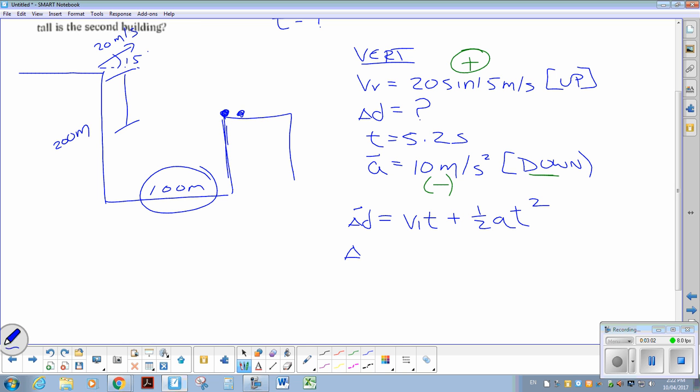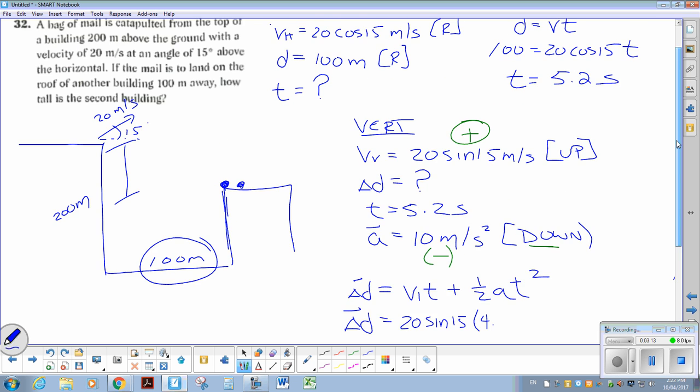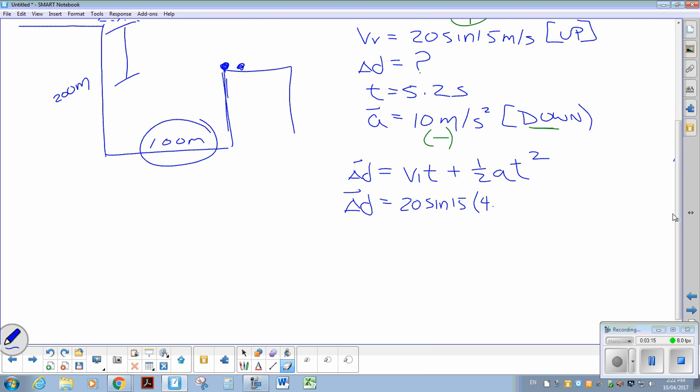We're looking for delta d, so that's not the problem. Velocity is 20 sine 15 times time, which was 5.2, plus 1/2. Now this is where it goes negative 10, and my time, 5.2 squared.